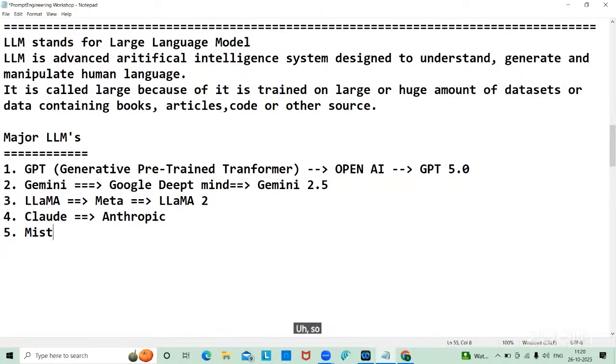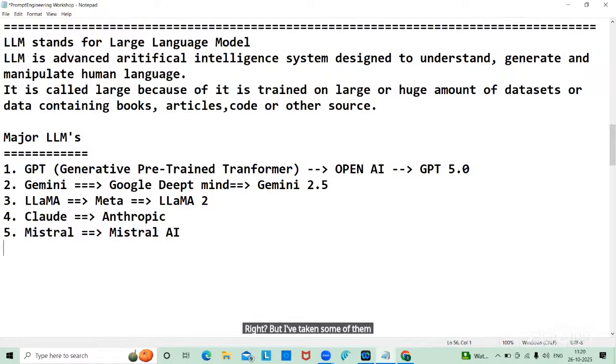The next one you have is Mistral. This is by Mistral AI, which is European based. So these are different LLMs, but I've taken only some of them.